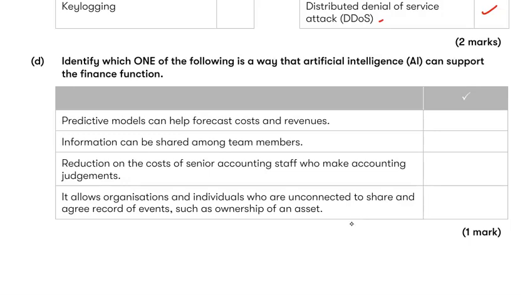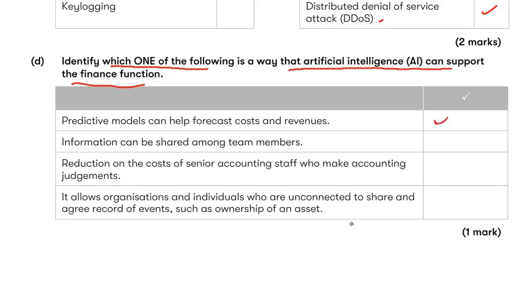The next question is, identify which one of the following is a way that artificial intelligence can support the finance function. So how can AI support the finance function? Predictive models can help to forecast sales and revenue.